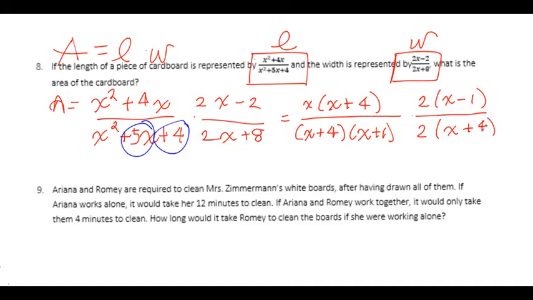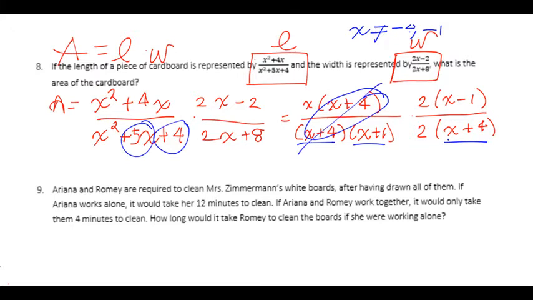I'm going to write the restrictions on top before we cancel anything. From my denominators, x can't equal negative 4, and it can't equal negative 1 for these two factors, and then negative 4 repeats again. Remember, when you multiply two rational expressions together, you can cancel any pair in the numerator and denominator. I see a pair right here, the x plus 4s, and I can cancel those out.